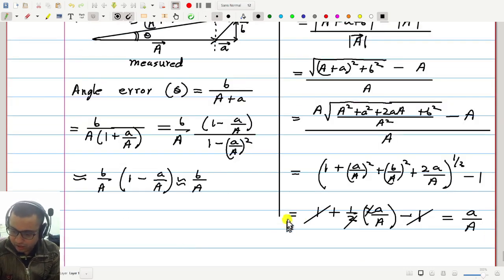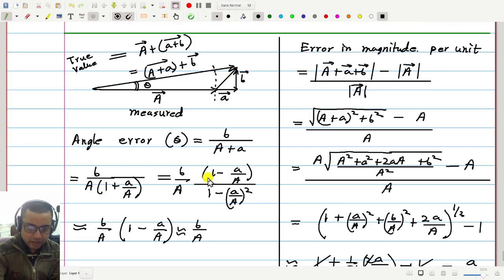Also, these are approximations. Okay, so remember that in the angle error, the term b matters. Little a doesn't matter, and this angle is little b by the measured quantity capital A. So these two approximated formulas, you keep in mind.